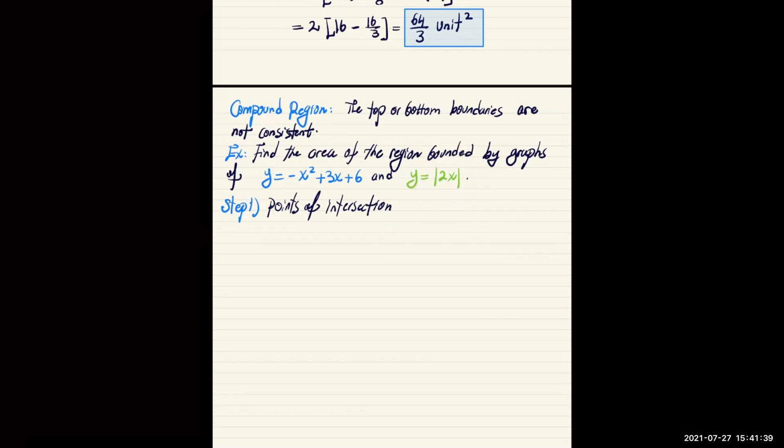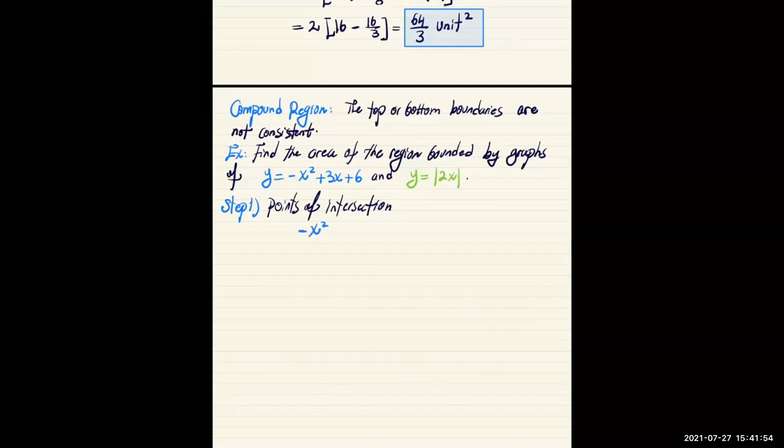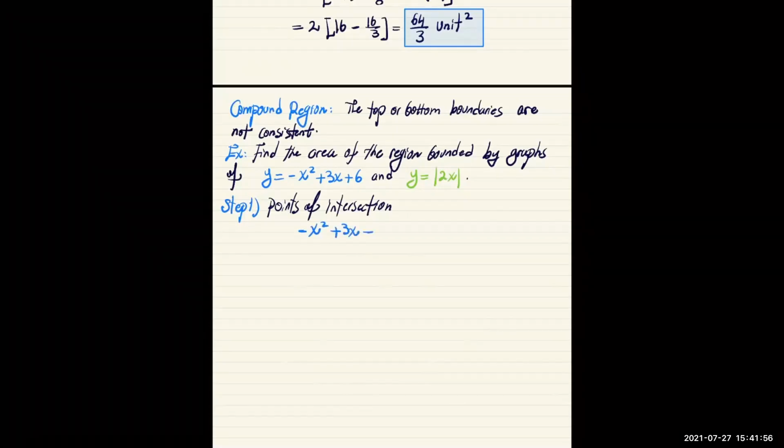That's fine. We all know how to deal with absolute values. Absolute value of x means plus x or minus x, as easy as that. Set the parabola equal to absolute value of 2x, like that.